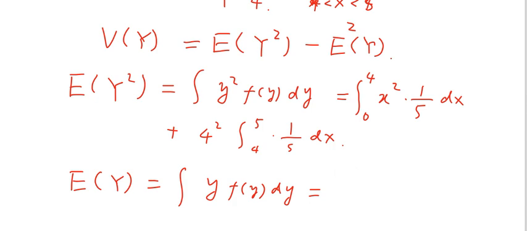So y equals x, and the probability is 1/5 dx for x between 0 and 4. And y can be 4, with probability when x is between 4 and 5, so the integral from 4 to 5 of f(x) dx, with f(x) equal to 1/5.